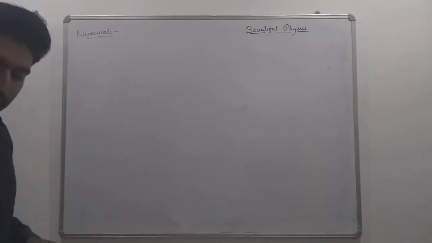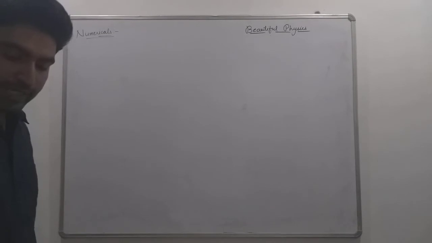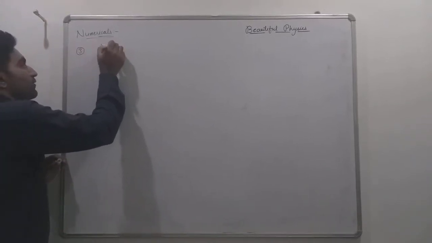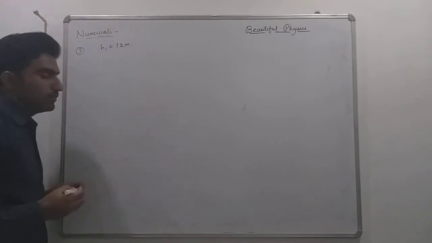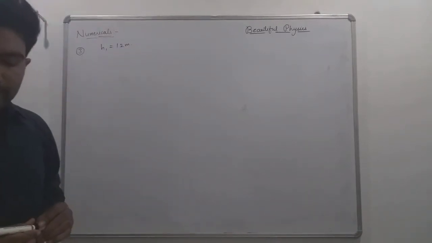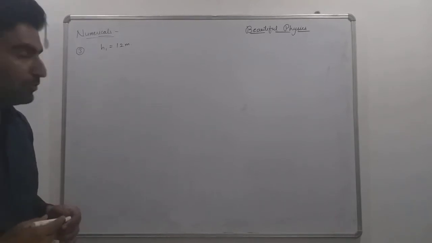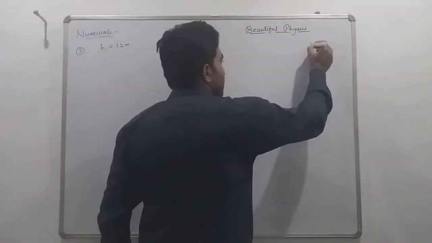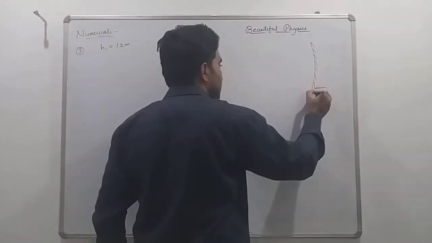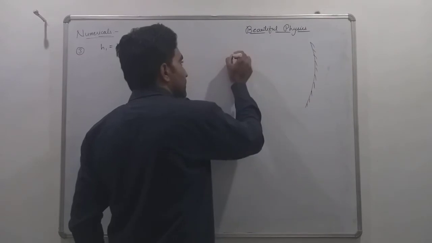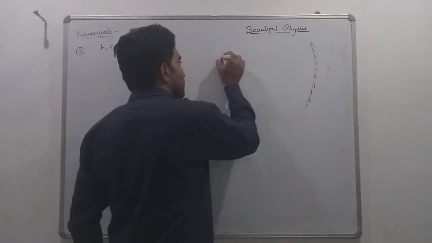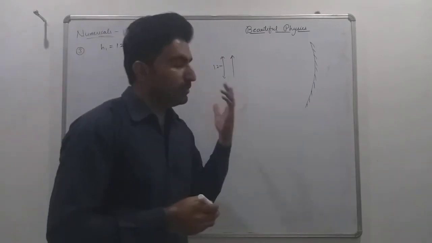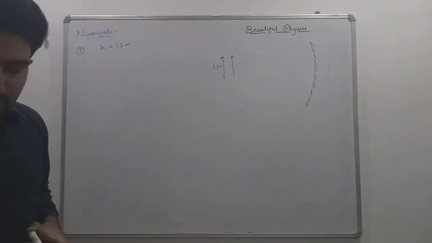In the next question, it is given that an object of height 1.2 meter is placed before a concave mirror. That means we have a concave mirror here, and an object of height 1.2 meter is placed before a concave mirror of focal length 20 centimeter.